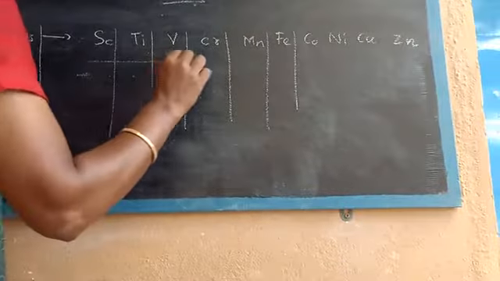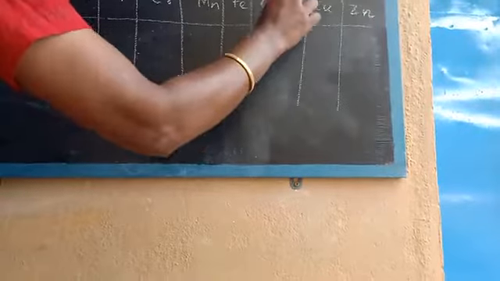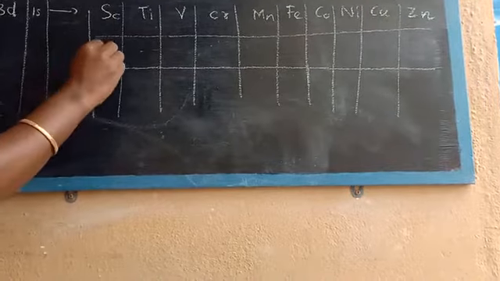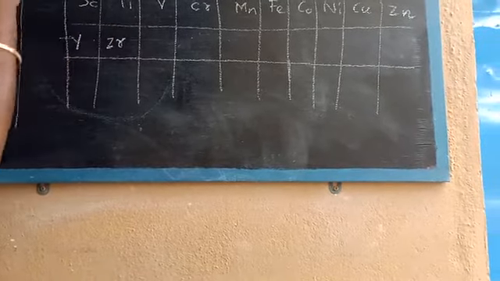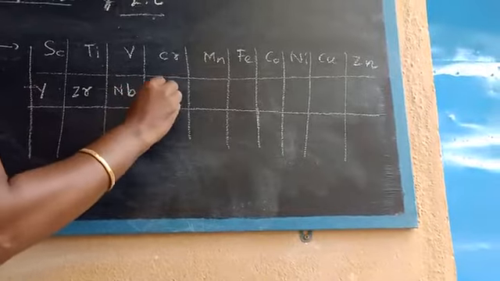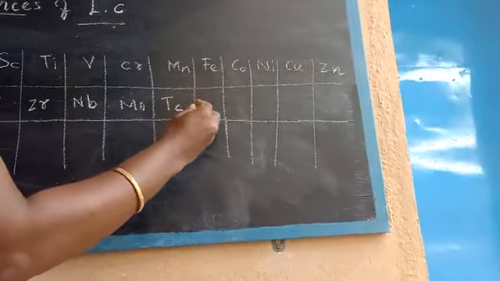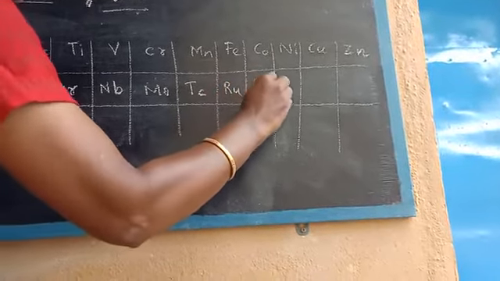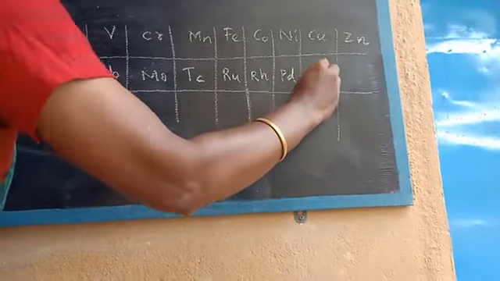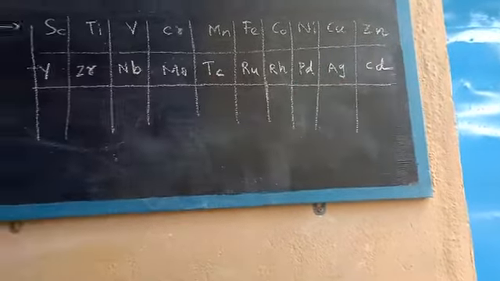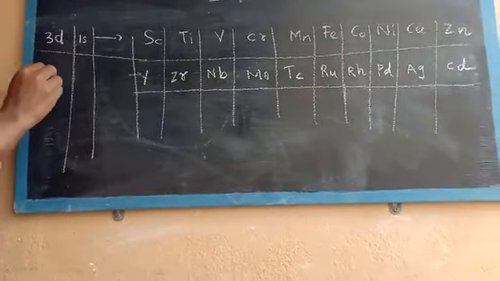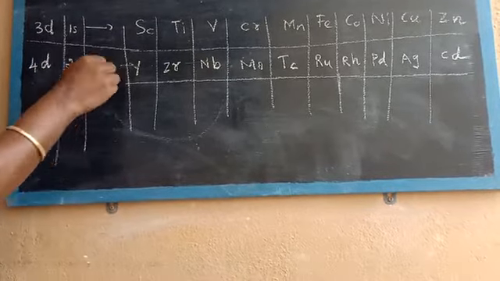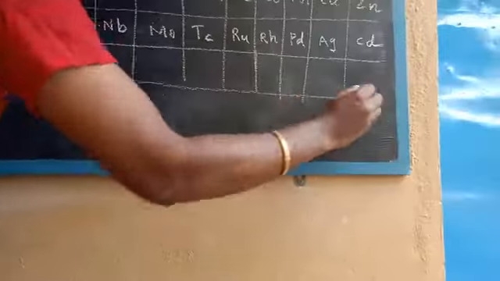Next, yttrium, zirconium, niobium, molybdenum, technetium, ruthenium, rhodium, palladium, silver, cadmium. This is the 4d series, or second series. Next and third is the lanthanide part.